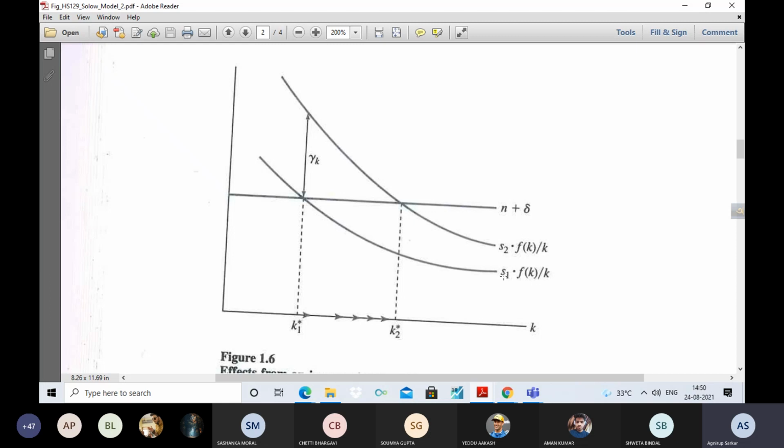Any changes would lead to changes in the level of per capita variables. However, it's not going to provoke any change in the long run growth rate, because there might be a temporary increase or decrease in the growth rate, but eventually in the long run the growth rate is going to return to the 0% value, right? So the long run growth rate of capital per person would very much remain at 0.